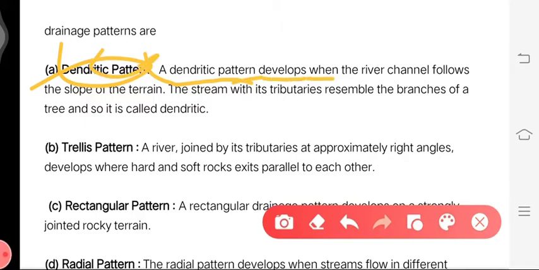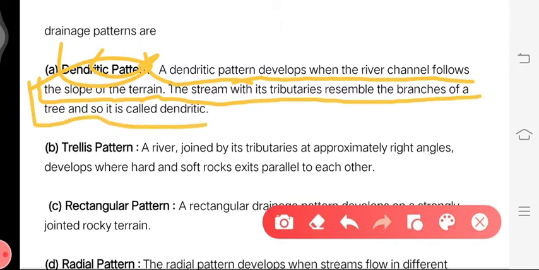The dendritic pattern develops when the river channel flows along the slope of the terrain. The streams with their tributaries resemble the branches of a tree, and so it is called dendritic.